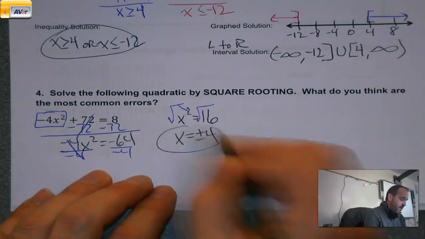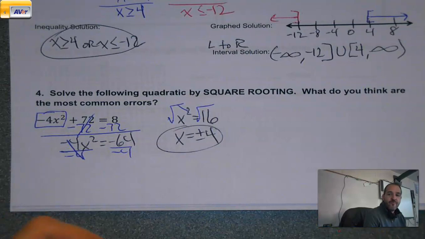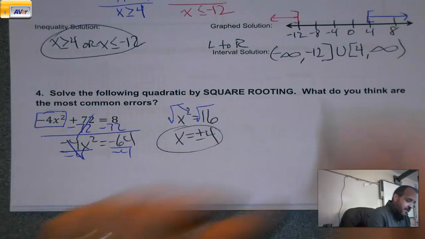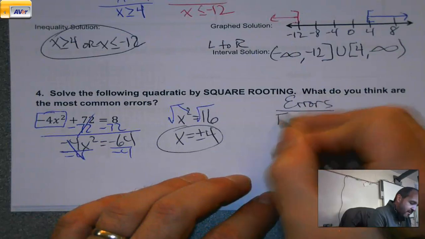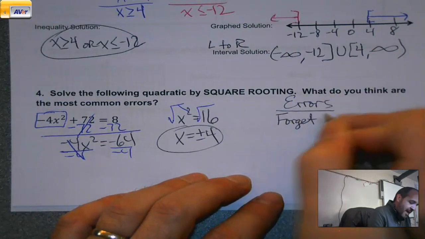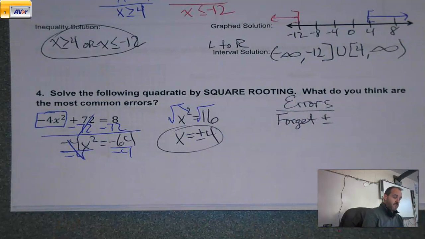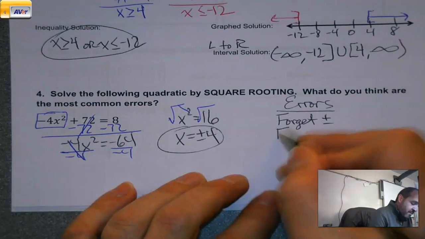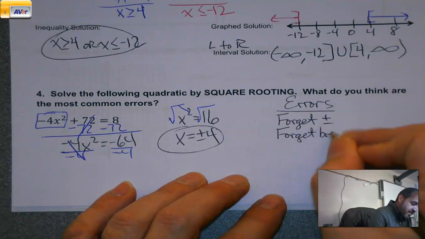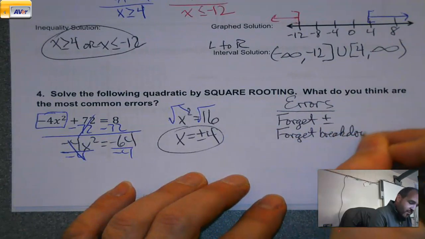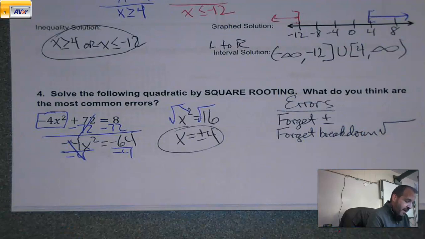Okay? Golly, what do people forget? Let's give some examples here. Forget plus minus. Forget to break down the radical if they can.